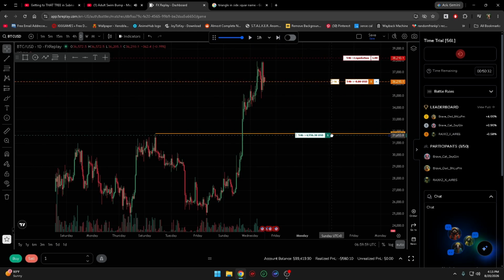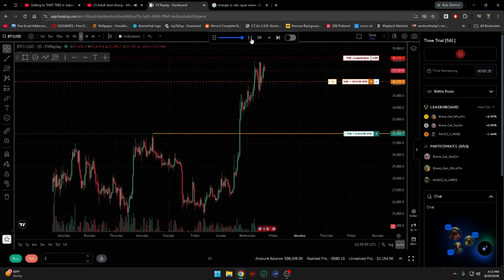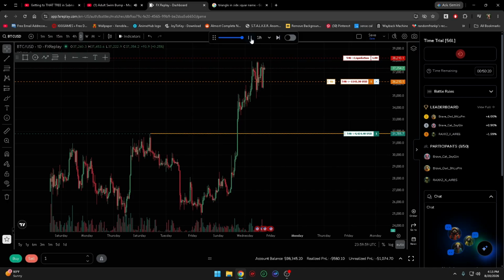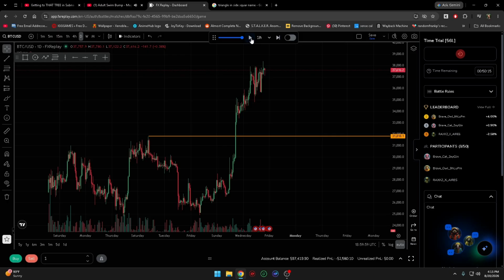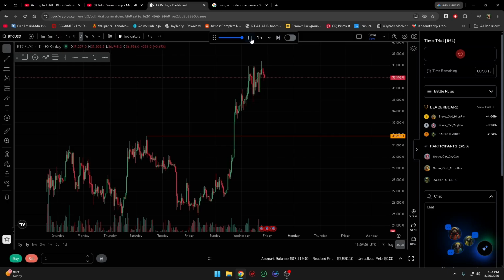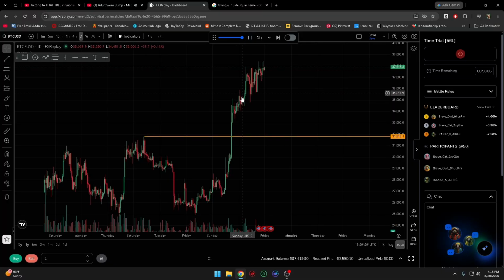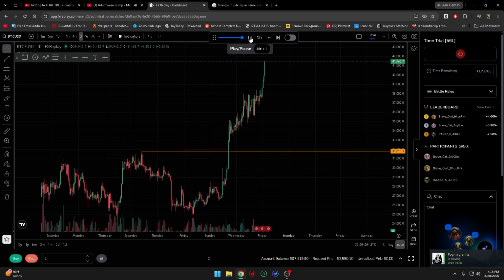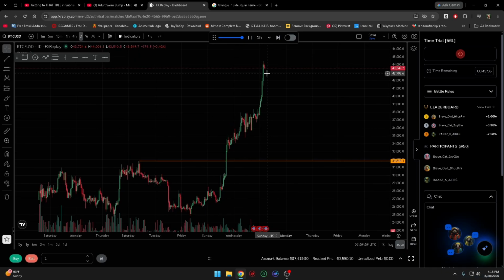I'm probably wrong again, but that's fine. Price didn't break a single low yet. So as we can see, until it starts breaking lows, we don't have to worry about the trend changing.